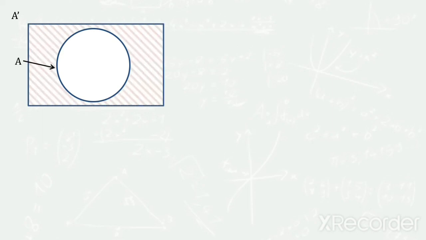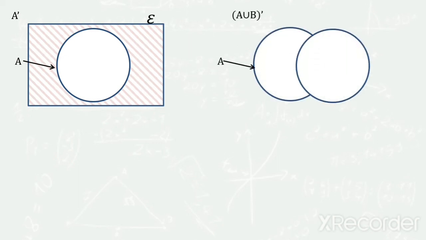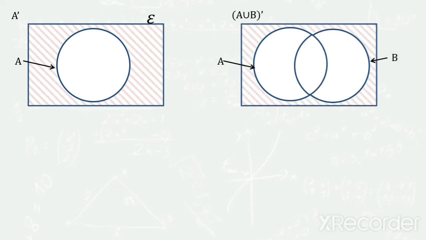Then how do we represent these things in Venn diagrams? To represent A complement, we can draw it like this. Without A, the rest of the universal set is shaded. A union B complement means without A and B, the universal set is shaded.